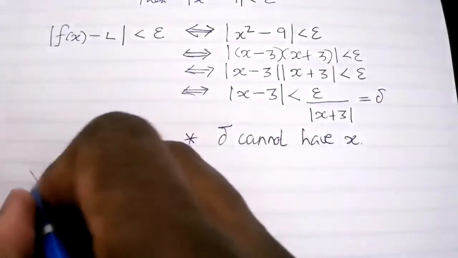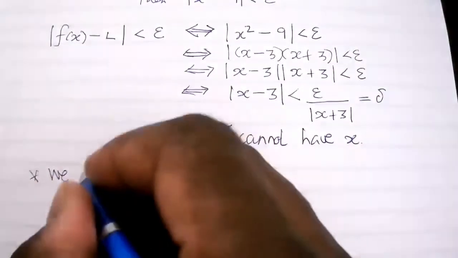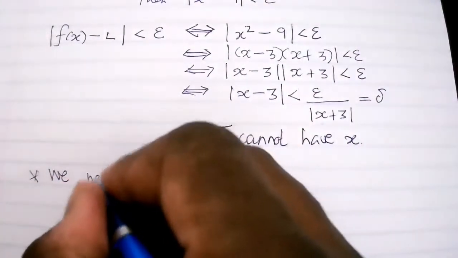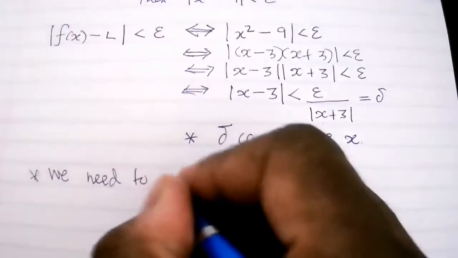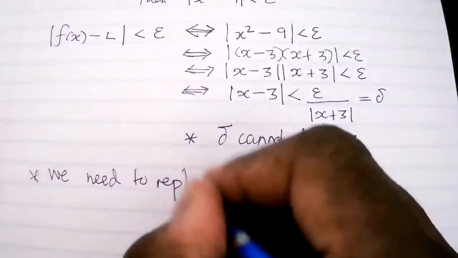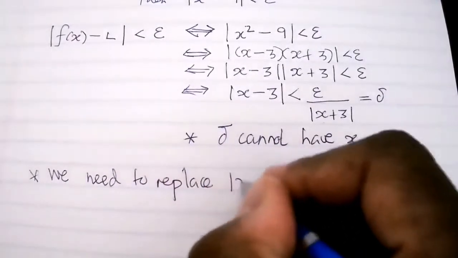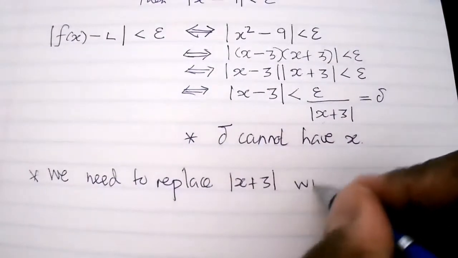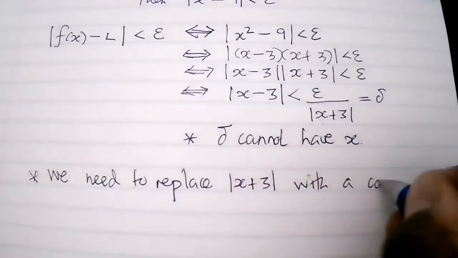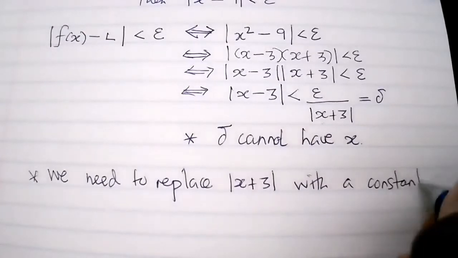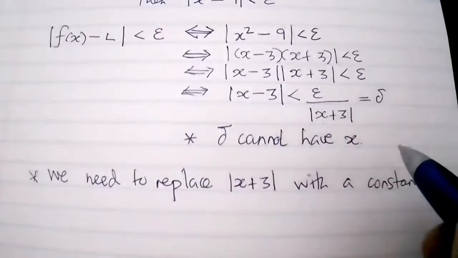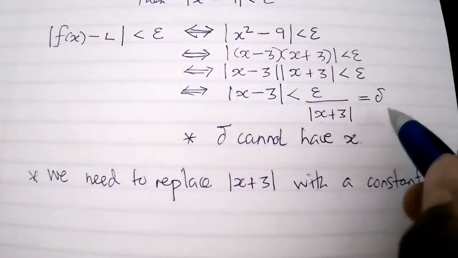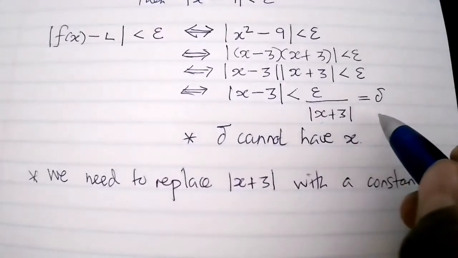Right, so what do we do? There's a simple procedure. First of all, we need to replace this |x + 3| that's getting in the way with a constant value, so that we can determine what the value of delta is going to be.